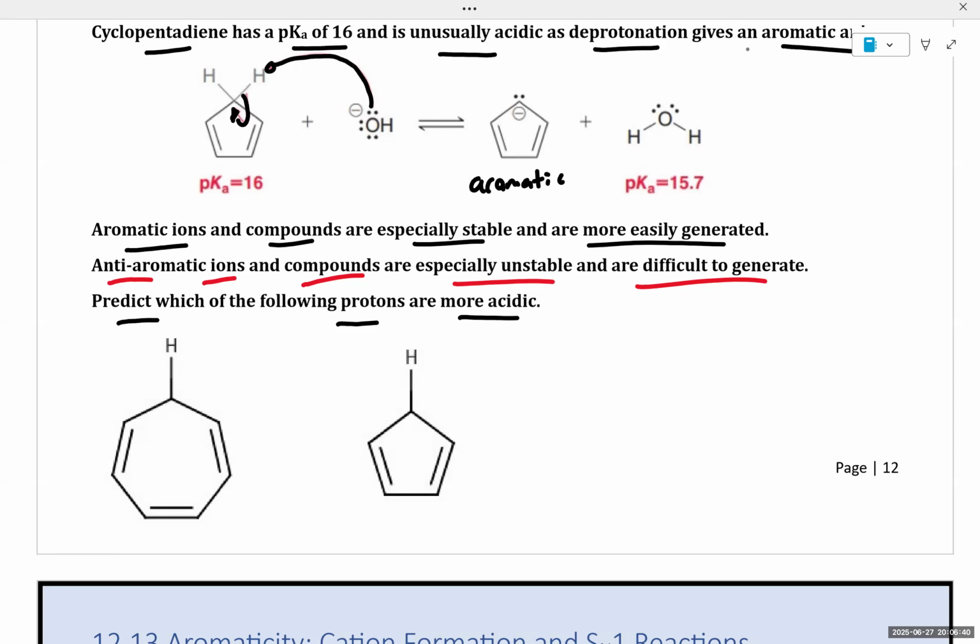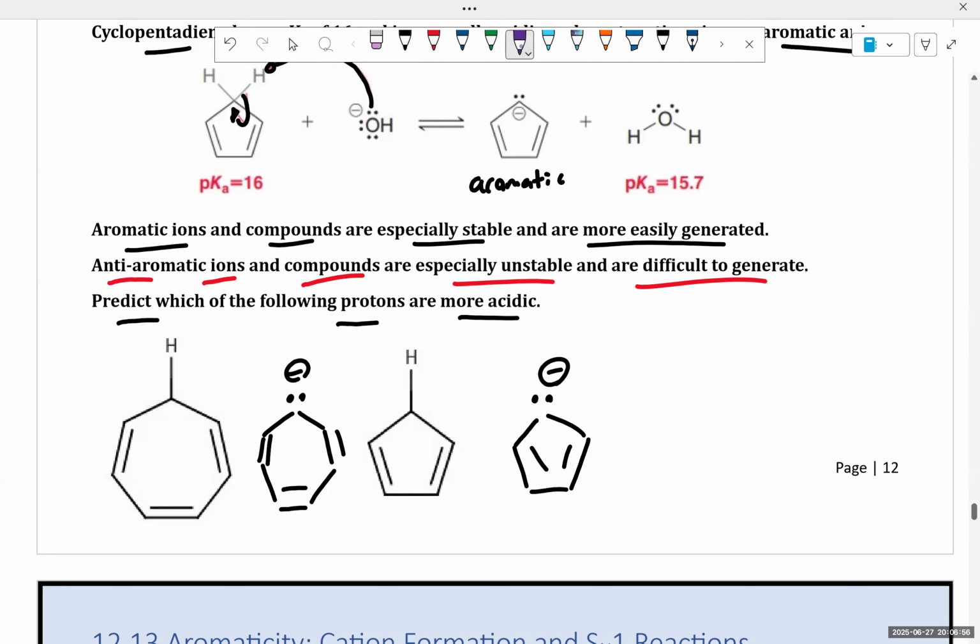So in this case, if we look at the conjugate base anion, here are the two conjugate base anions. Looking at the compound on the left, we have 8 pi electrons. So this anion is anti-aromatic.